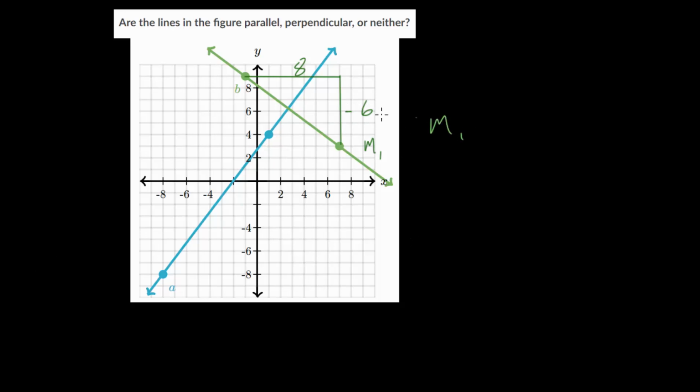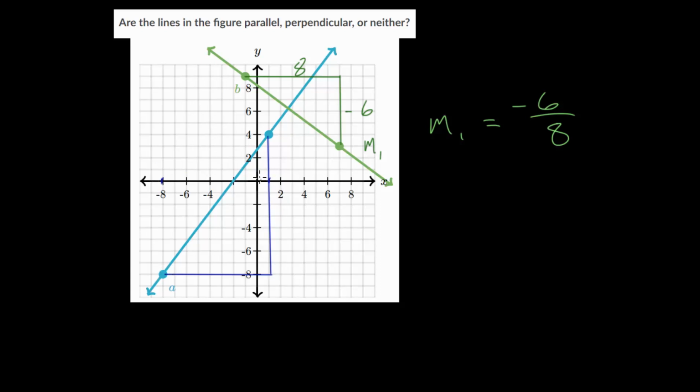From here, we can figure out the slope of m1. The rise is negative 6. The run is positive 8. Let's work on the blue line now. We'll again make a triangle. With this triangle, we can figure out the run and the rise. Notice that we're at negative 8 for the furthest left x value, and we go all the way to 1.